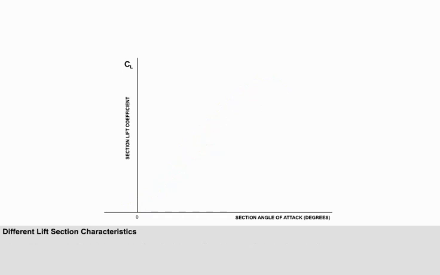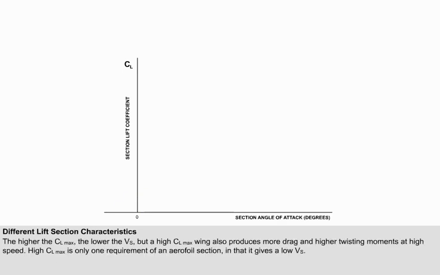The different types of aerofoil sections we have just looked at have various advantages and disadvantages. We have already seen that CL max may be increased by both camber and thickness. The importance of CL max is obvious.